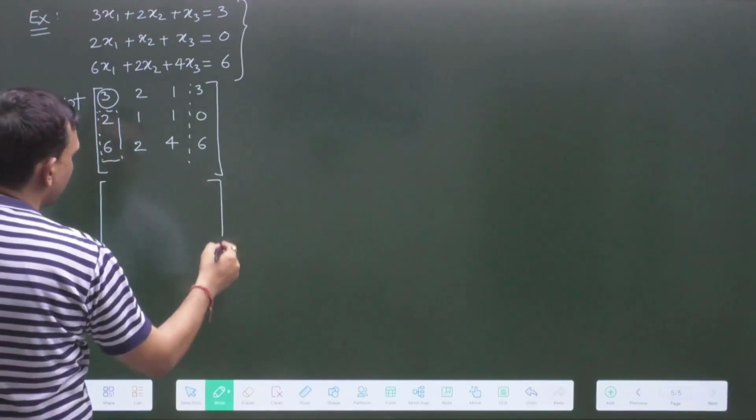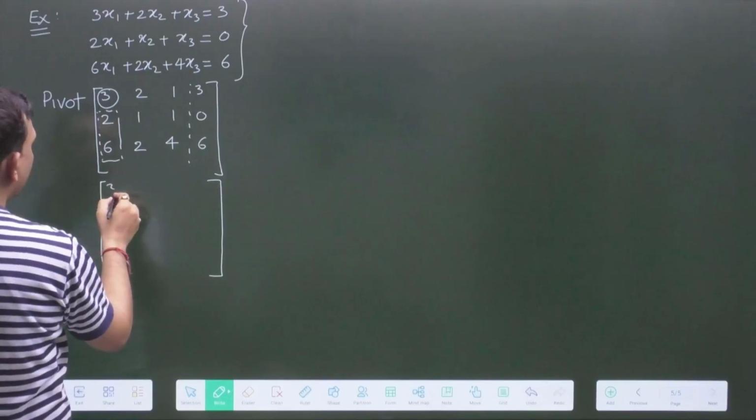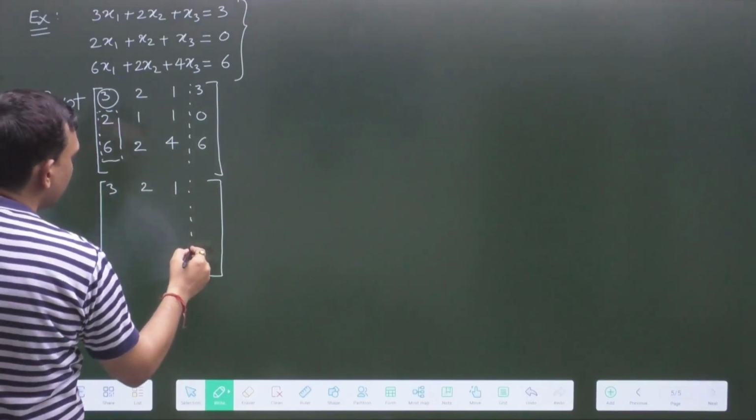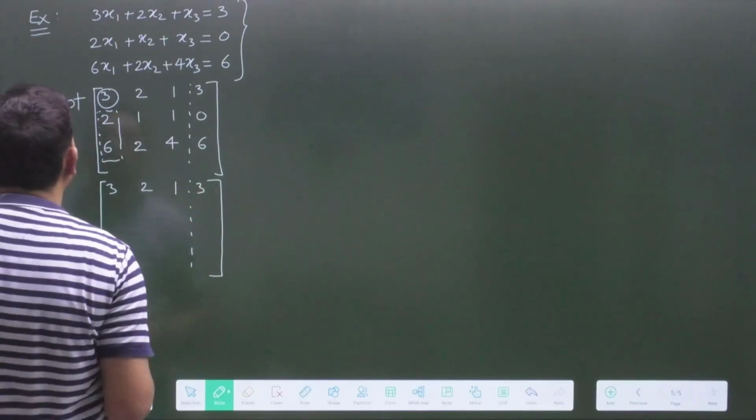So let's apply elementary row operation.